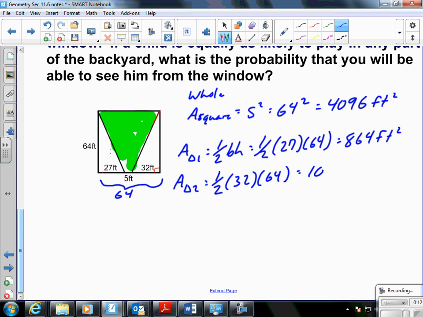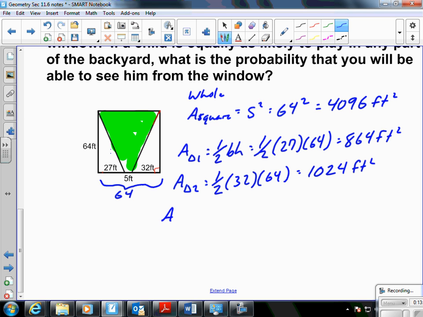It's going to give me 1,024. So in order to figure out what the area of the green portion is, I need to subtract these two measures of the triangles away from the whole area of the square, so I know what's left being the shaded part.